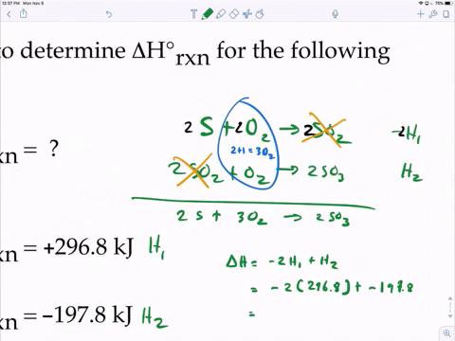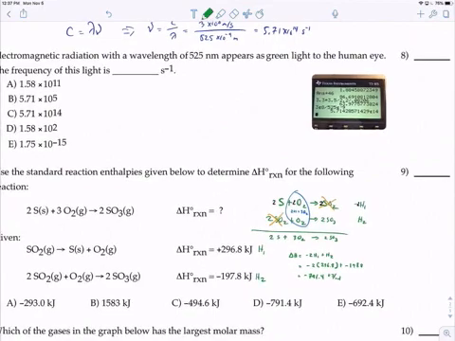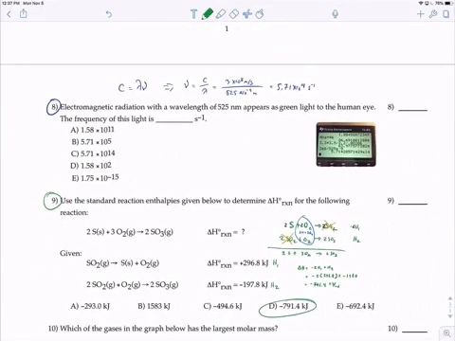I'm getting minus 791.4 joules per mole. Yep, right there. Section D. Okay.